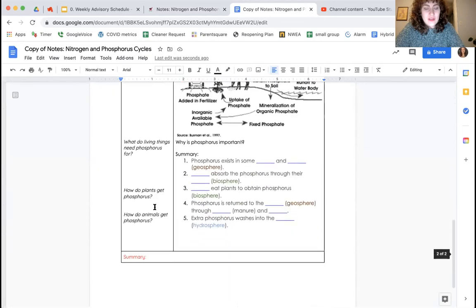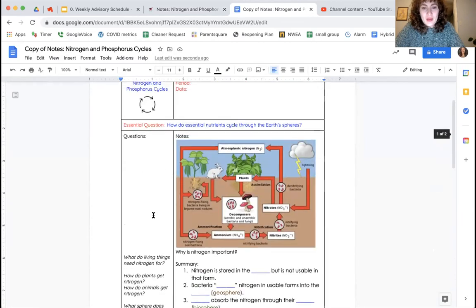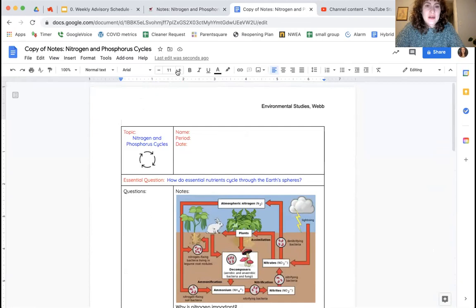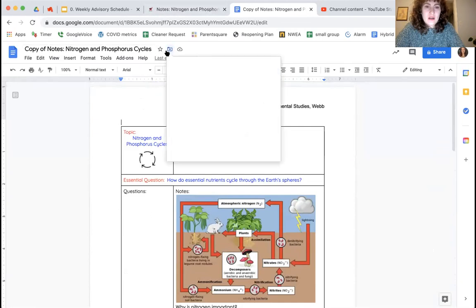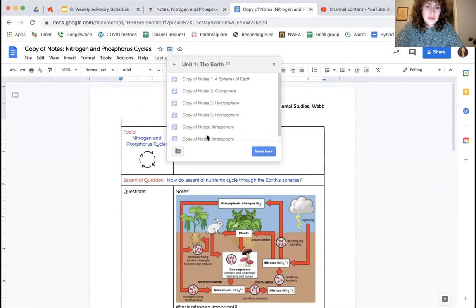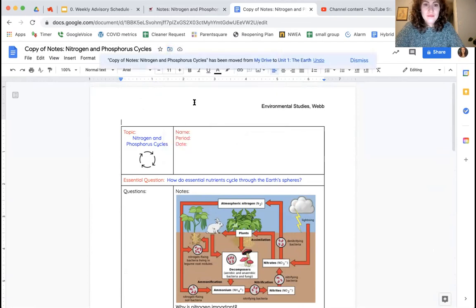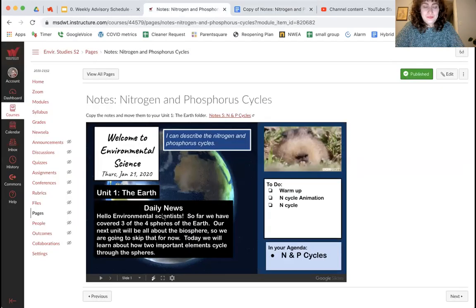We have some fill in the blank and a couple of diagrams. So once this is all loaded up, make sure to move it to the correct folder. It's important to stay organized with these notes. You should have a good buildup of notes so far in Unit 1, the Earth. All right, so let's go ahead and get started.